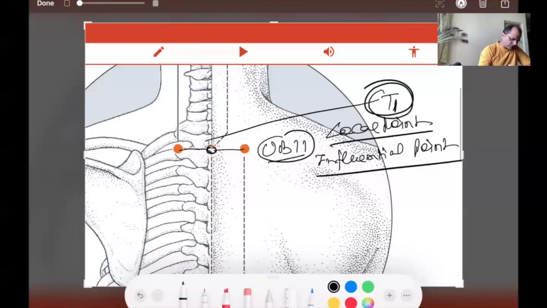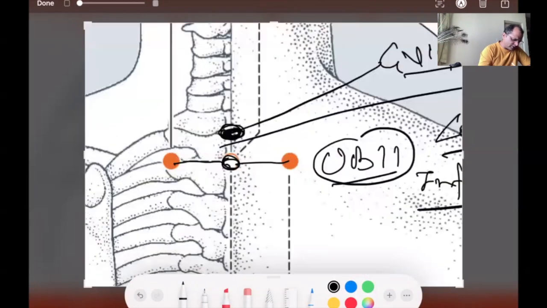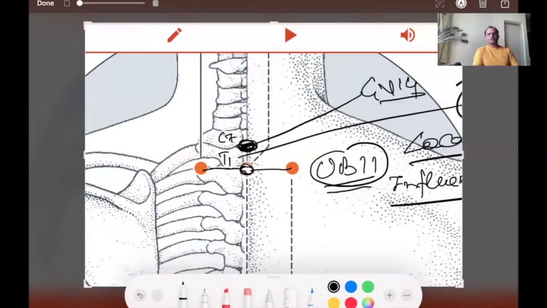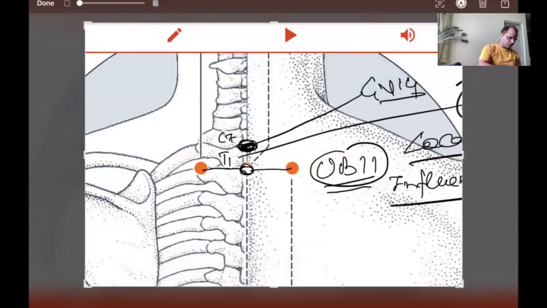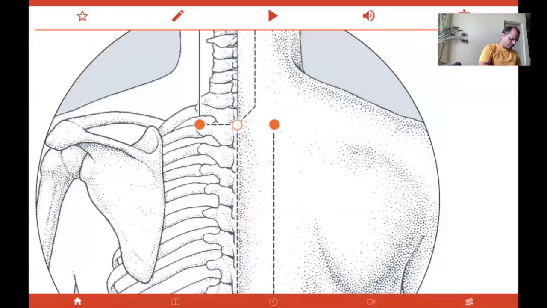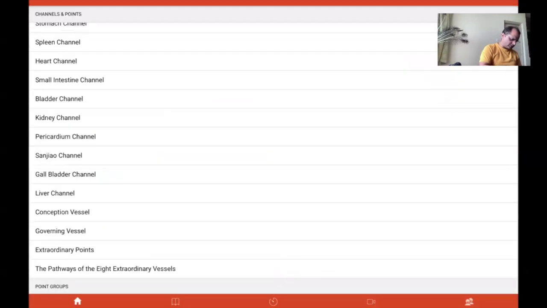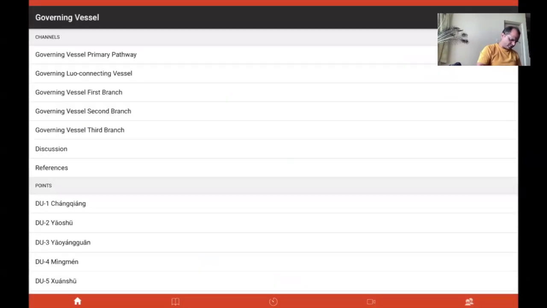If we go above thoracic one, the center point is governing vessel 14. Governing vessel 14 is located between C7 and T1. So we can see here governing vessel 14.